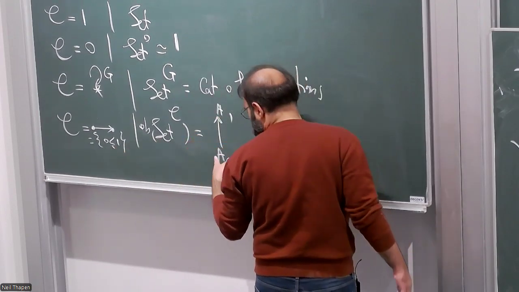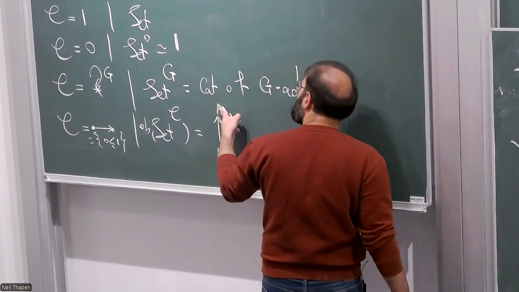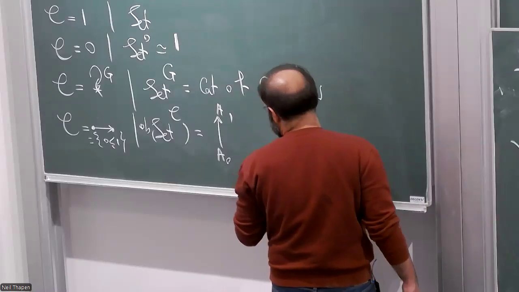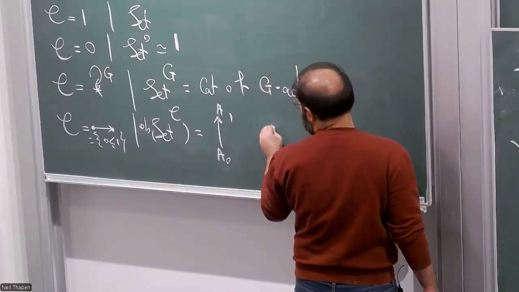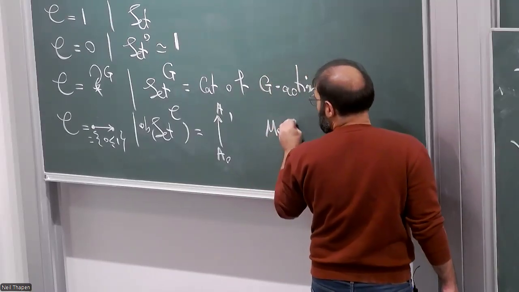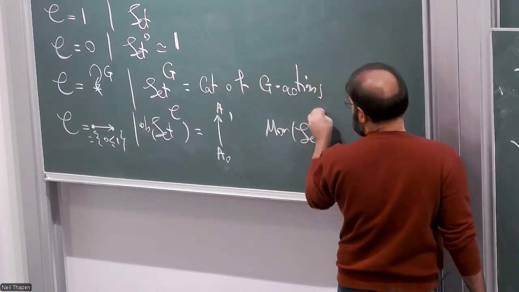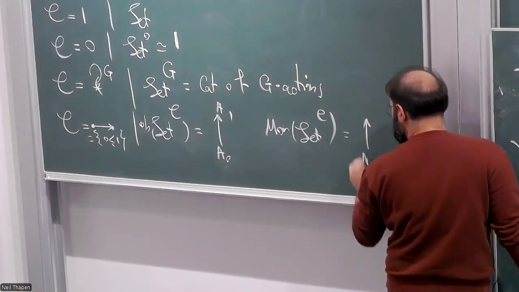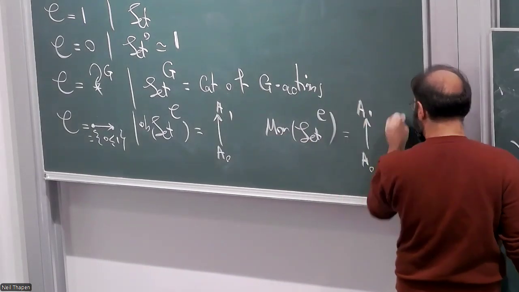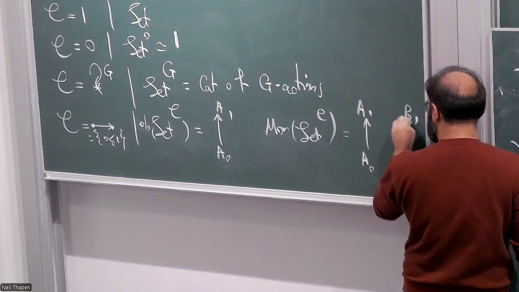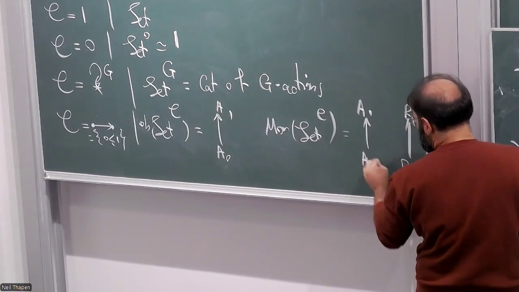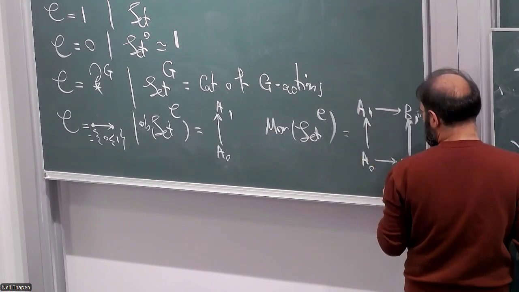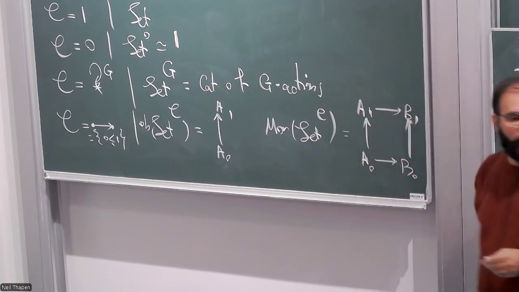So this is what you see at 0, this is what you see at 1, and this is the evolution of the function, if you like. The morphisms of Set^C in this case: if you have two variable sets, then they are just two maps for 0 and 1, such that you have the commutation.